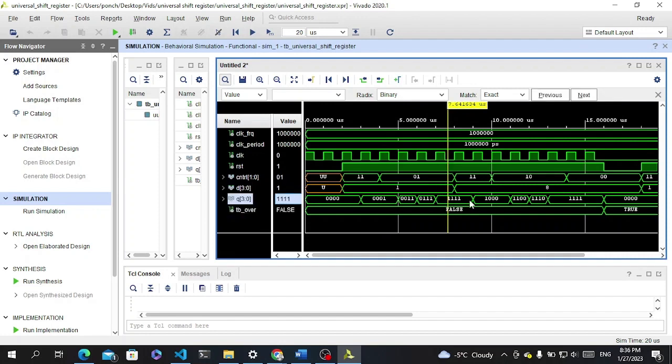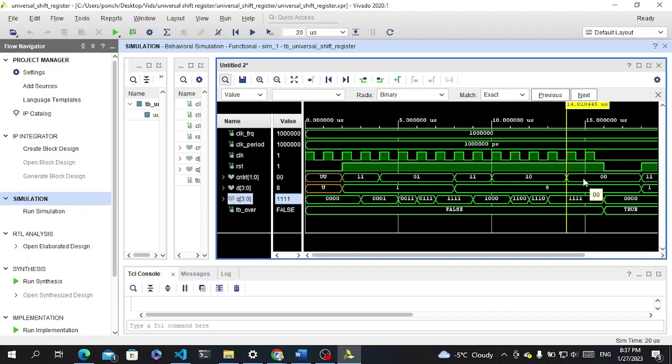And then we say again, we load, where we say 1, 1 as control, and this time we load 1, 0, 0, and then we set our control to 1, 0, which is shift to the right. As you can see, we have the 1 shifted to the right until the 4th clock cycle, where we have all of it as 1, 1.